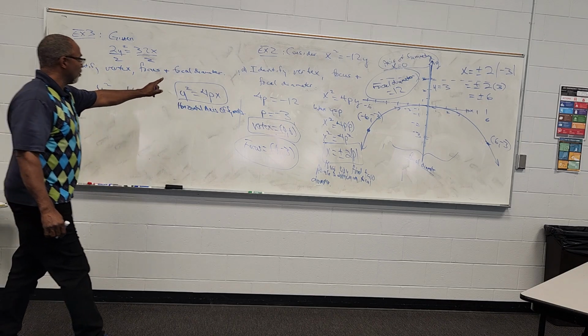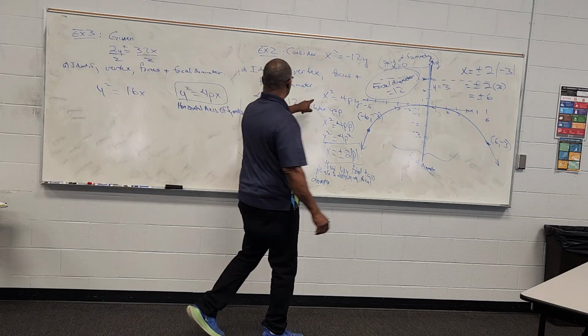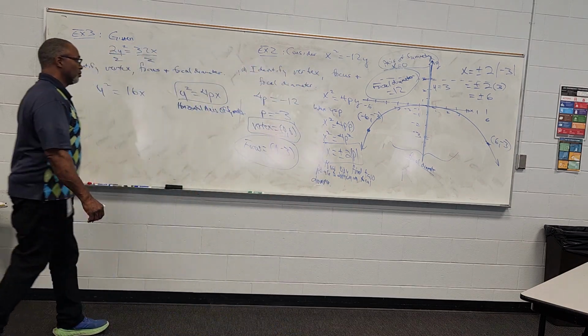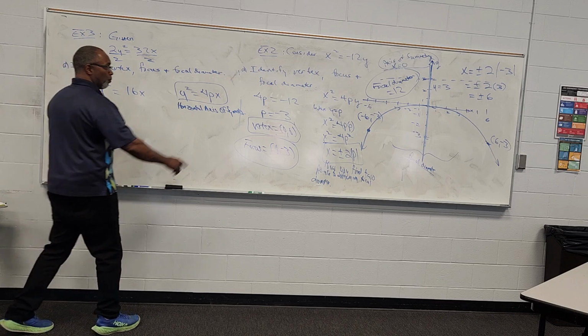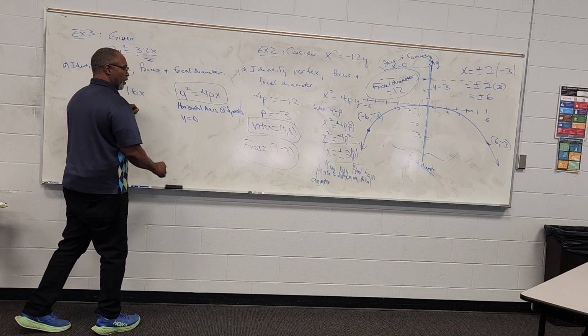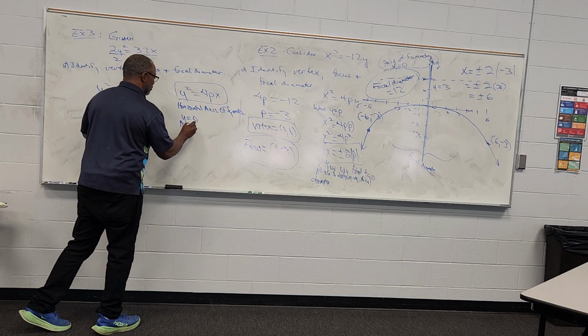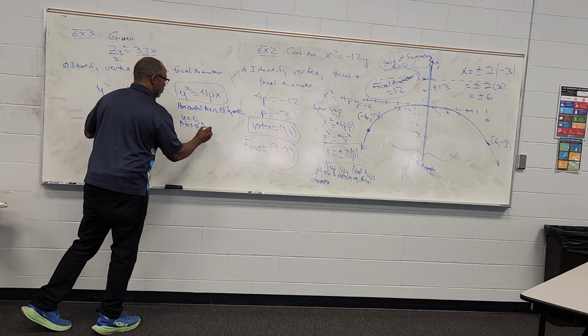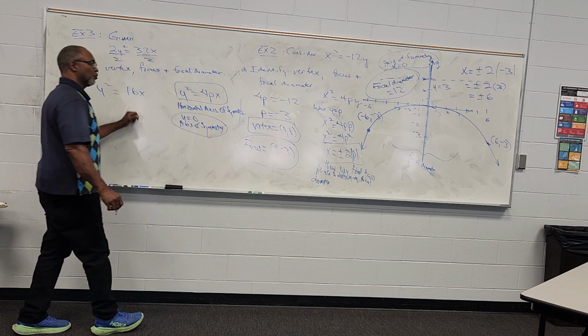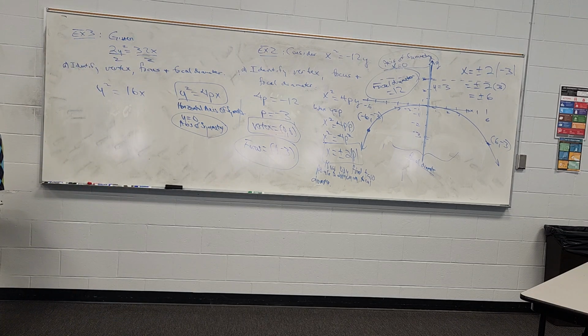But since I have y squared equals 4px instead of x squared equals 4py, this time the axis of symmetry won't be the y-axis, but the x-axis, which is y equals 0. So I can determine that right away.